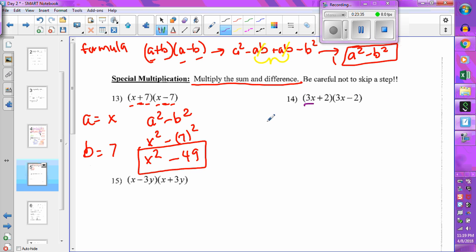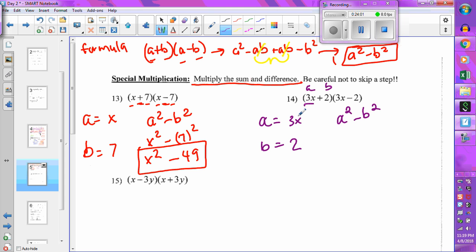All right, so we're going to do the same thing with 14. So my A and my B. My A is going to be 3x. I'll just label them like this. And my B is going to be 2. So we know we're going to use this formula, A squared minus B squared. Now let's plug in our numbers.